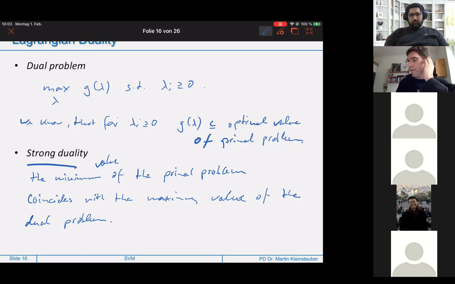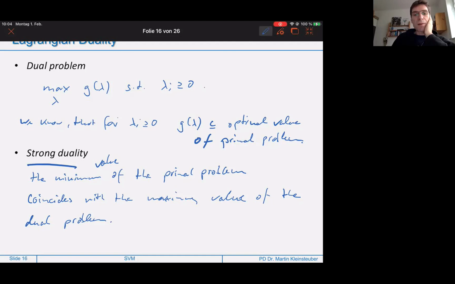This helps us in particular for our SVM problem, but it also helps in general, because it allows us to compute a lower bound on the optimal value of our optimization problem. In particular, because this dual problem is always a concave problem, so it's minus a convex problem.